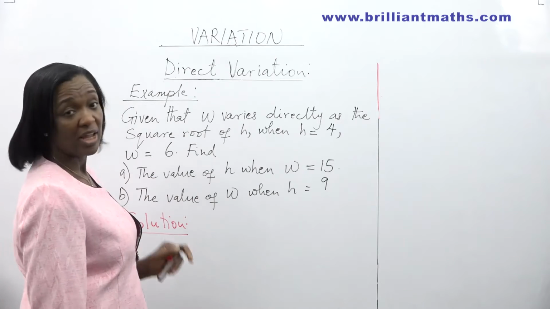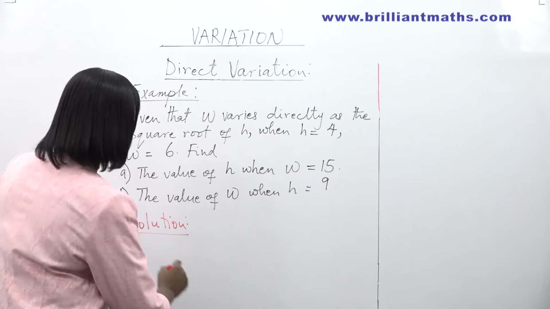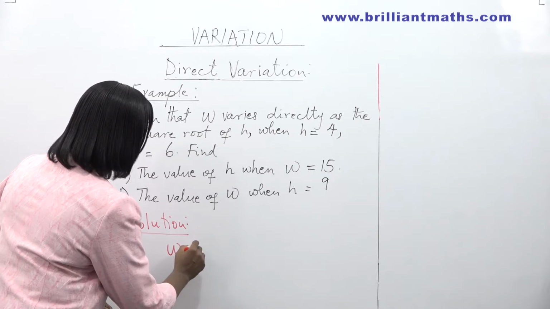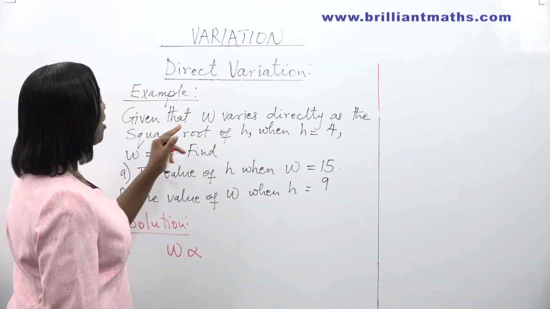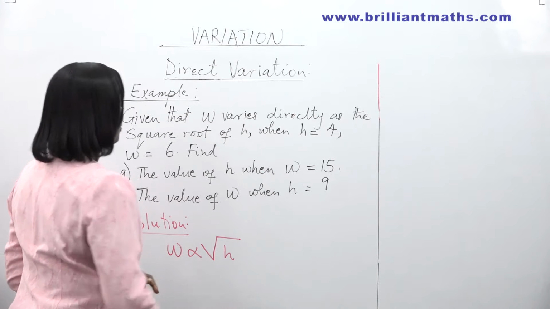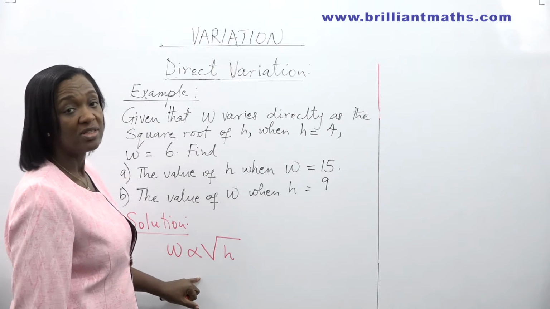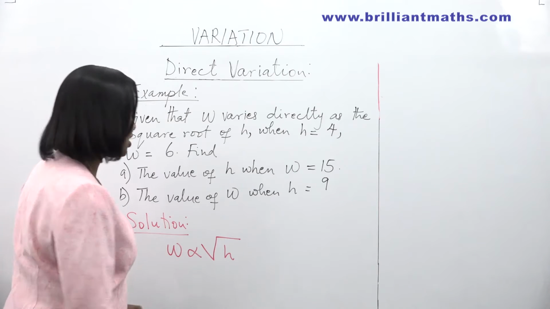So read the question again. Make sure you understand. w varies directly as the square root of h. So we remove this sign and introduce a constant of proportionality.